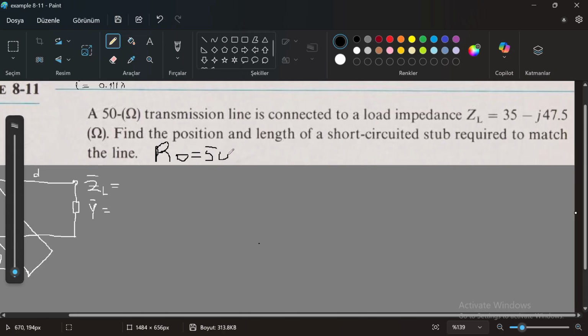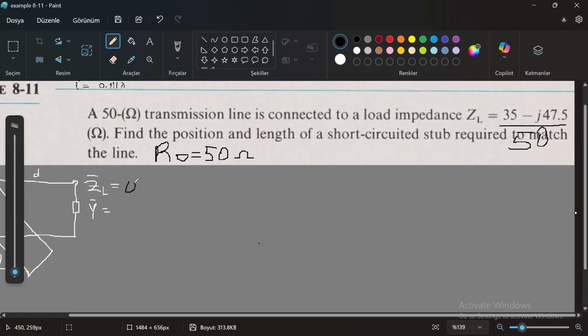So we need to divide these values by R0. Let me divide 35 by 50, it is 0.7.